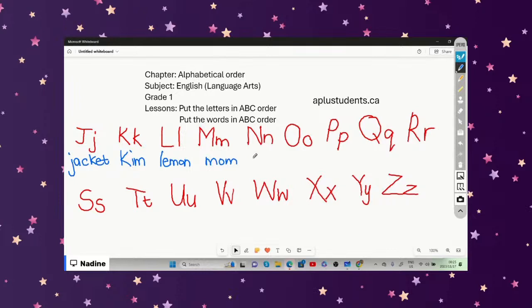Then we have N, for, we can say, nice. Nice. O for orange, an orange that we eat, yellowy, orangey, round fruit. Then we have P for pen.